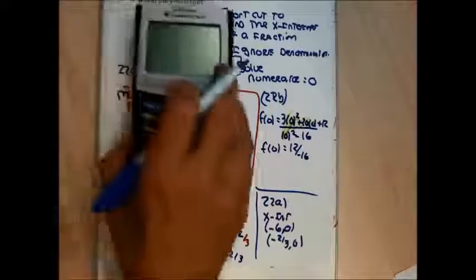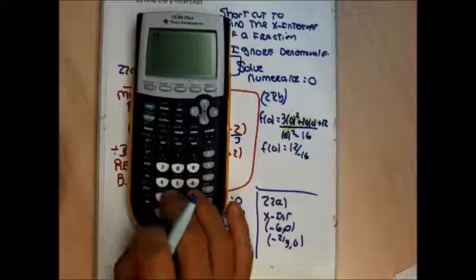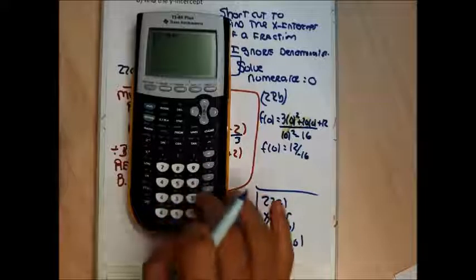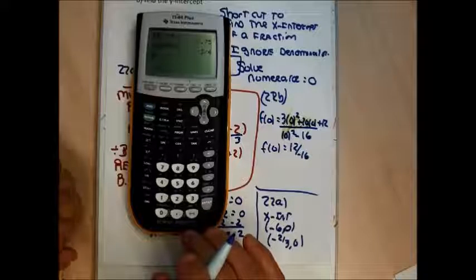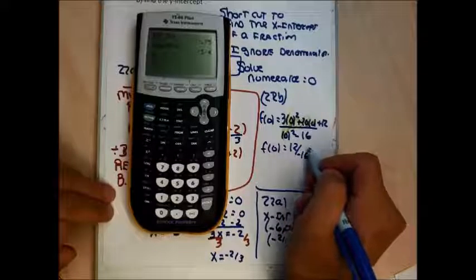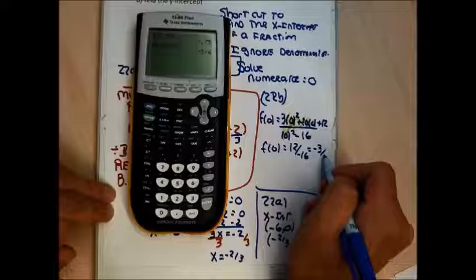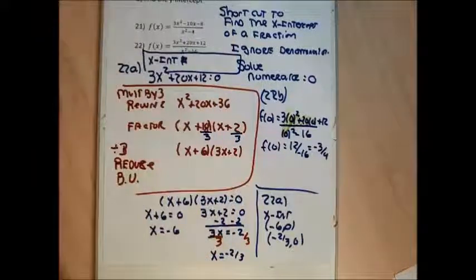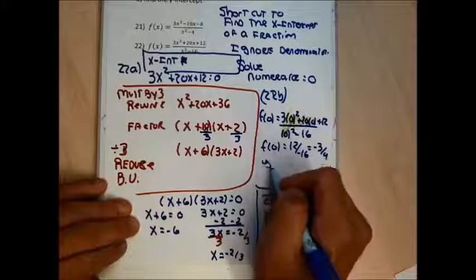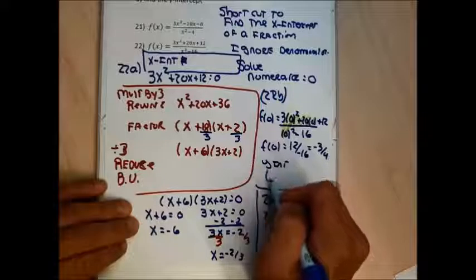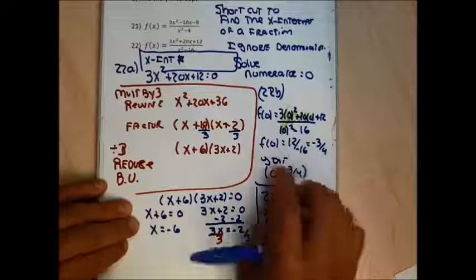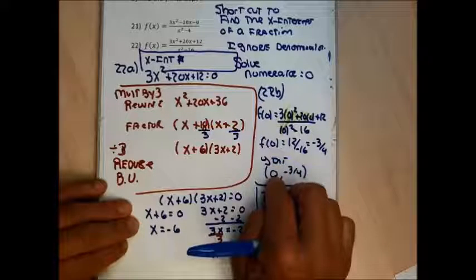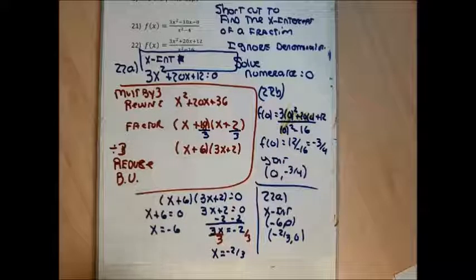I can reduce this by hand, or I can use my calculator and go 12 divided by minus 16. Math, enter, enter. My calculator tells me this reduces to 3/4, and my calculator likes the negative in the numerator, as do I. So that comes out to negative 3/4, and my answer for my y-intercept is going to be the point 0, negative 3/4, because the opposite letter is always 0, and for the y-intercept, the x is going to be 0.